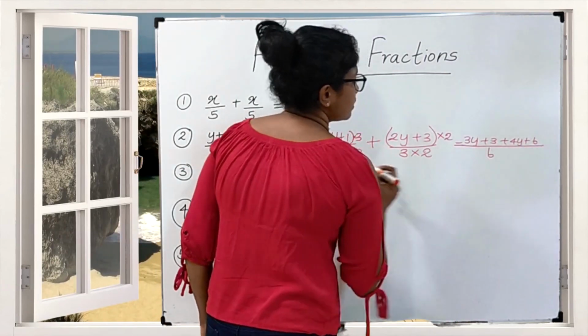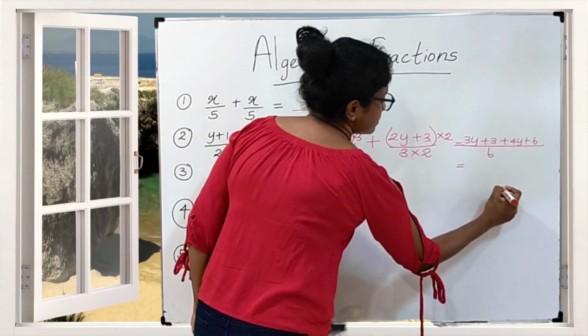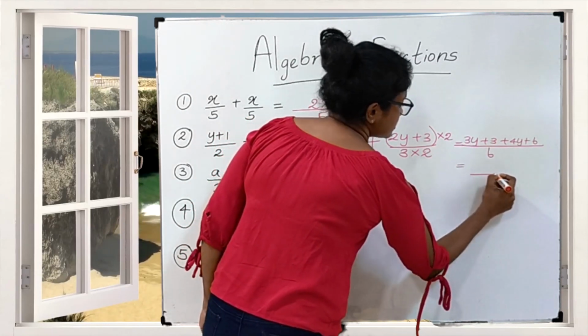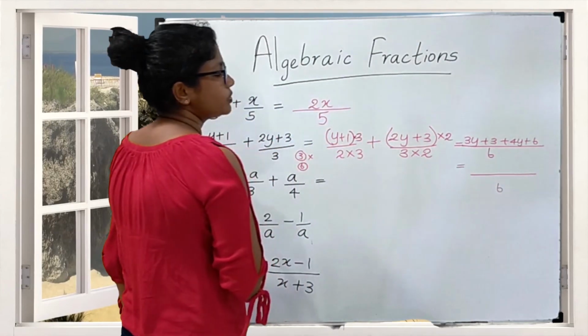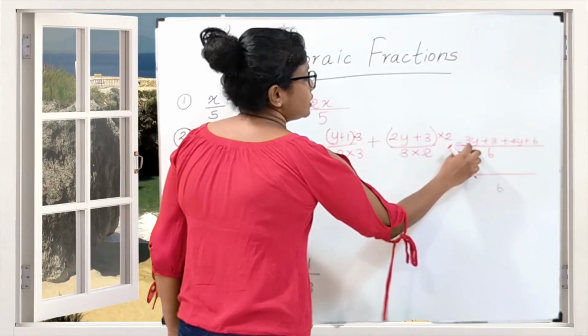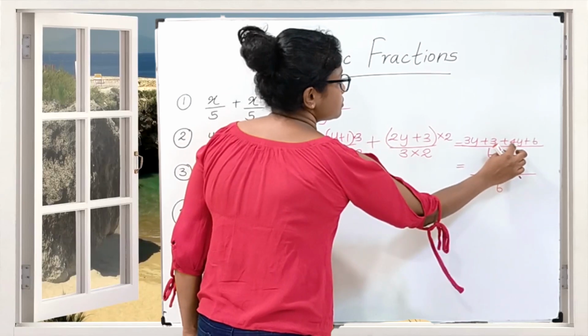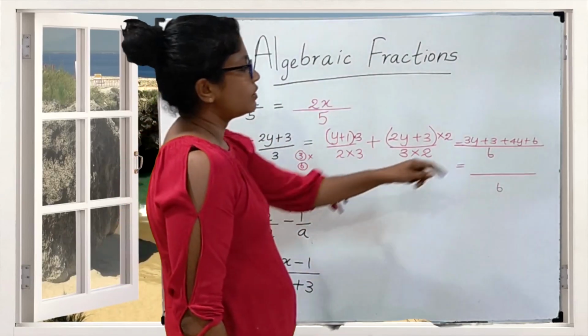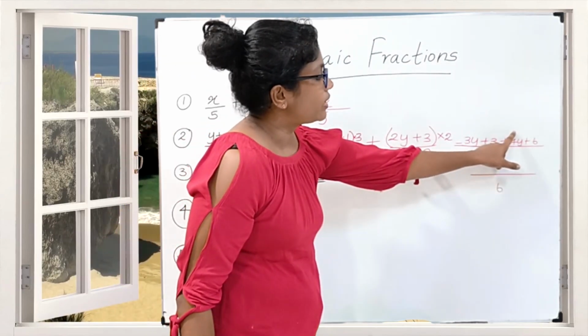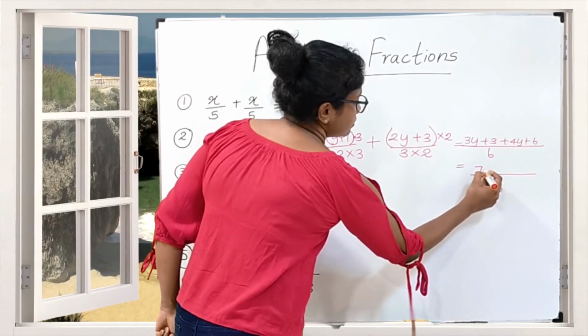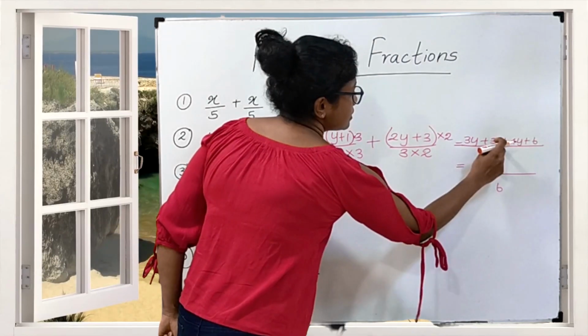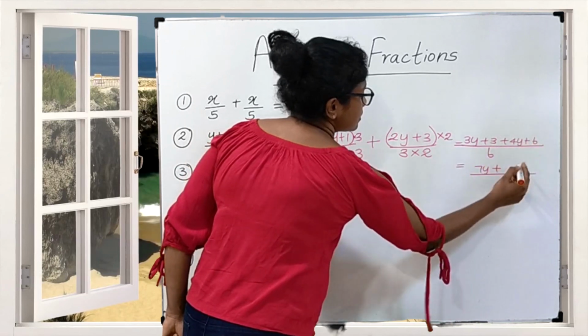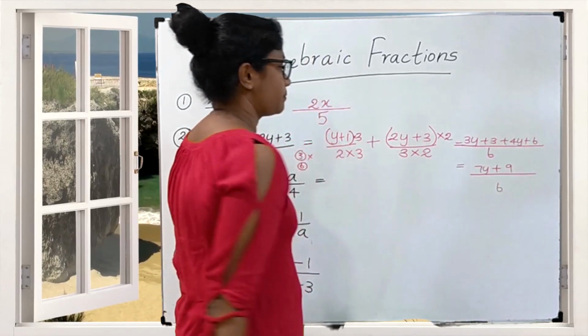Then we can get the answer: denominator 6 and the numerator 3y plus 4y, the like terms. You can add them, then you give the answer 7y, plus 3 plus 6 gives the answer 9.